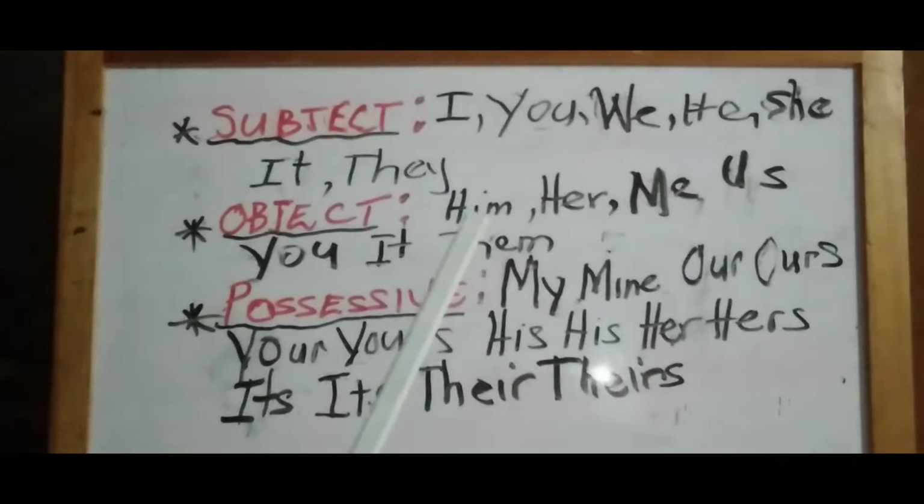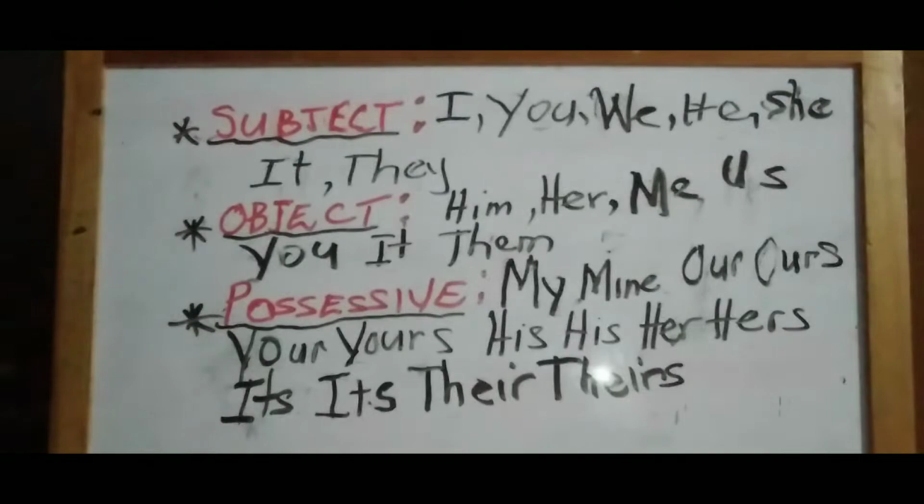All right. Now, subject, remember we did a lesson on subject and verb agreement. The subject is the part of the sentence that is usually doing the action. It usually comes before the verb, and it can be either a noun or a pronoun.